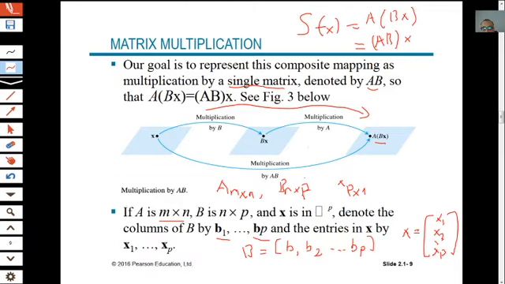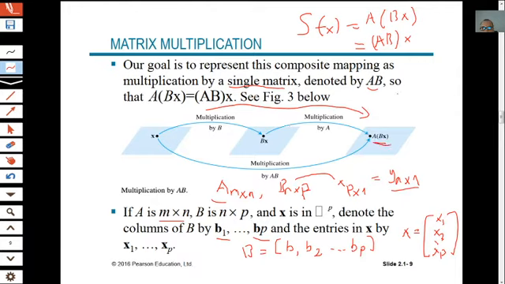m by n, n by p, p by 1. Namely, when we multiply this one, we obtain an n by 1 vector y, and then we multiply this result by the matrix A. Namely, we use the first idea: we apply the linear transformation two times to obtain this one.